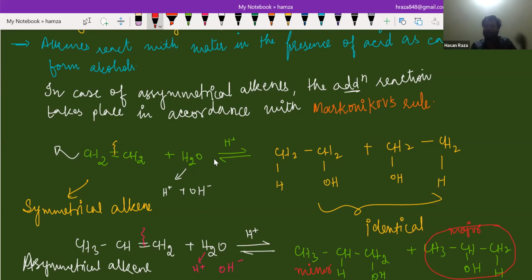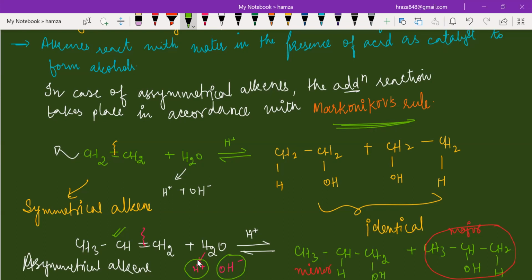So in order to get the major product directly, instead of drawing the two products, follow Markovnikov's rule. And what does Markovnikov's rule say? The negative part will go to that carbon along the double bond which has a lesser number of hydrogens, and the positive part will go to that carbon which has a greater number of hydrogens. Is that clear? Please write it and let me know when you are done with it.